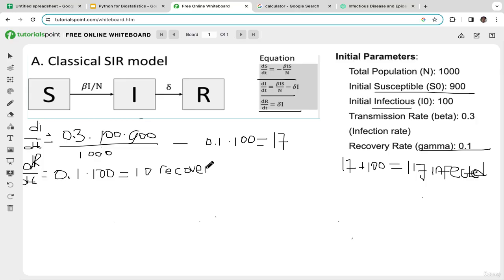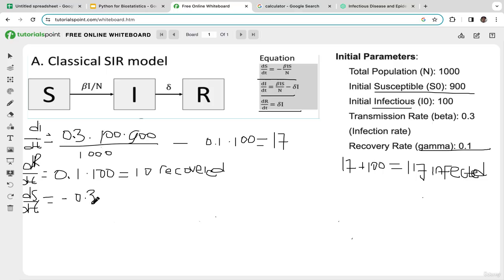Okay, so what's next? We're going to use the first equation to calculate the new susceptible. It's going to be dS/dt, and it's going to be negative beta, so negative 0.3.